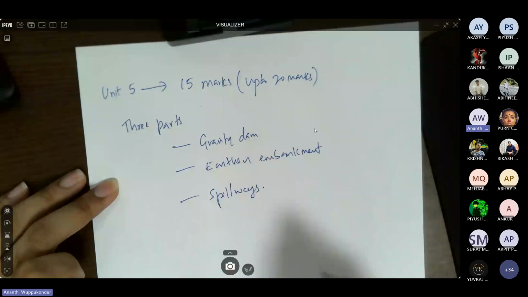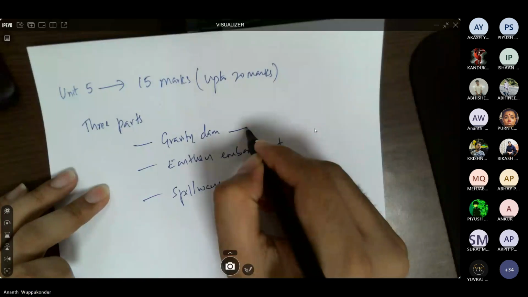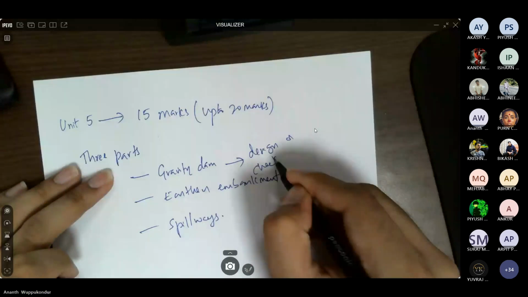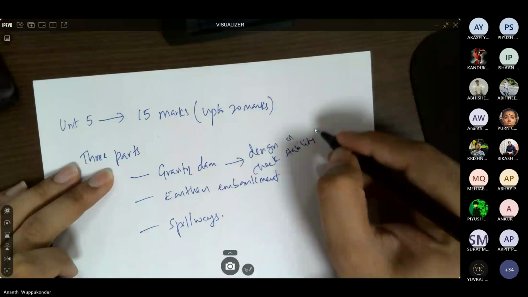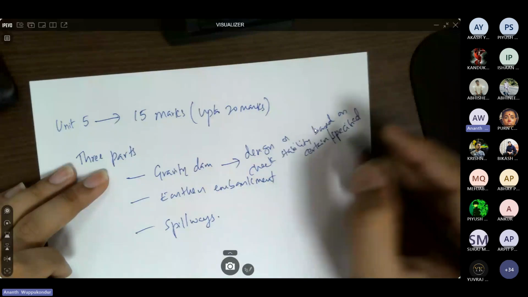So in the gravity dam, you would be asked to either design or check stability based on certain forces, either specified forces.